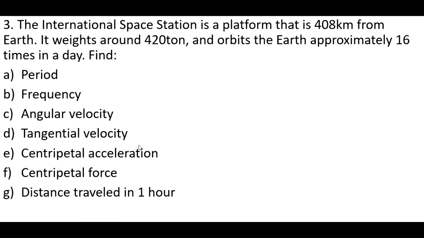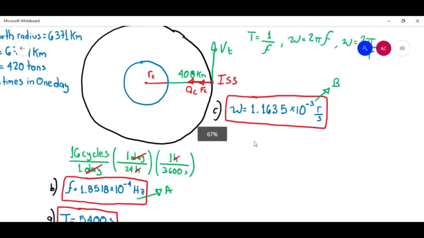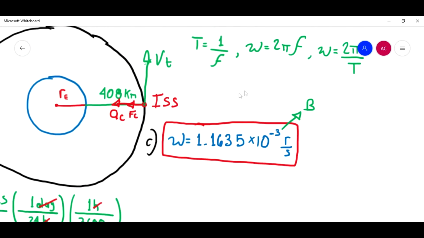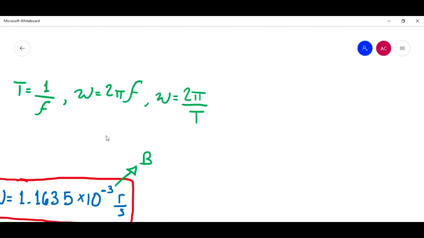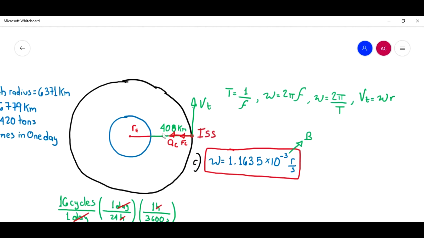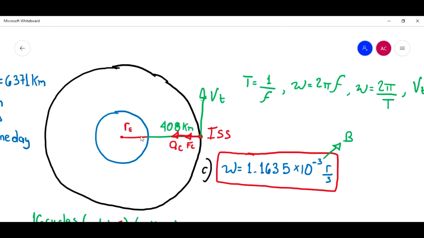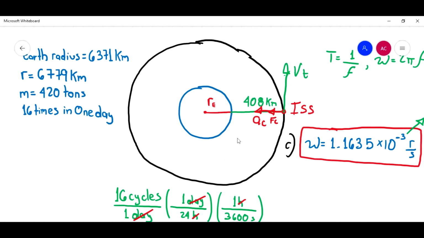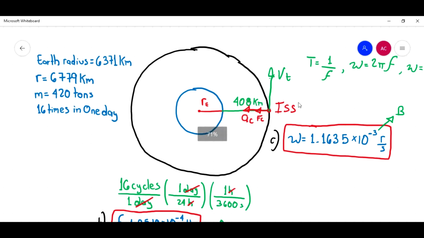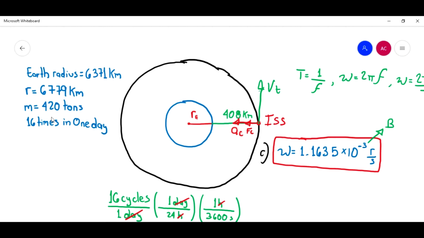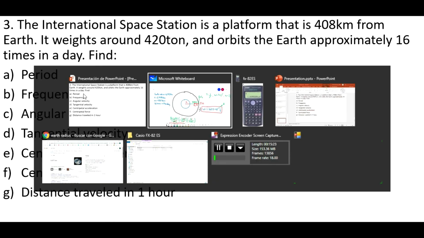What about letter D, tangential velocity? In order to find the tangential velocity, I'm going to use this equation: tangential velocity equals the angular velocity that I just found times the radius. The radius that I'm going to use is the radius of the Earth plus the distance of the International Space Station, that would be this one. But remember that I need to transform this into meters.